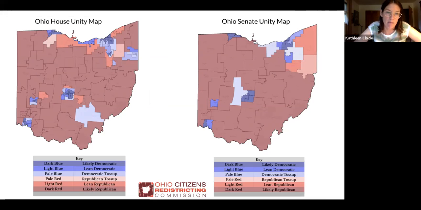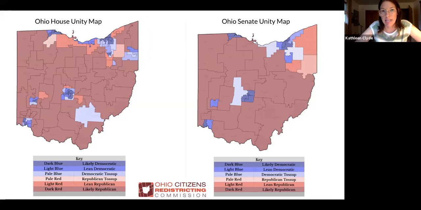For example, on the House map, if you look at the Athens seat, the composite for that seat is 50%, and it doesn't even get to 51%. It's right about 50% and a few tenths. So that technically is a Democratic district, but it would certainly be highly competitive.